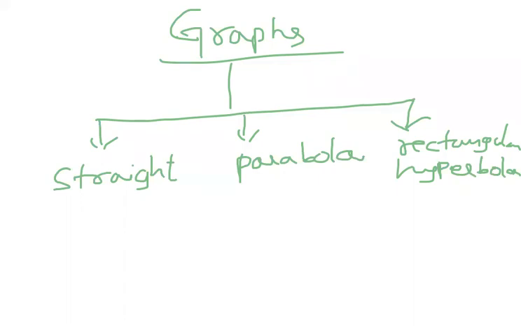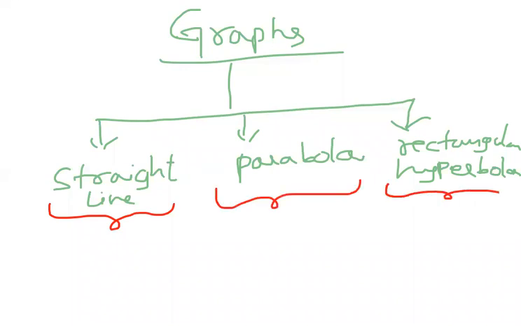So: straight line, parabola shape, rectangular hyperbola shape. Coming to the first one, this is the straight line graph, the second one is parabola, and the third one is rectangular hyperbola.